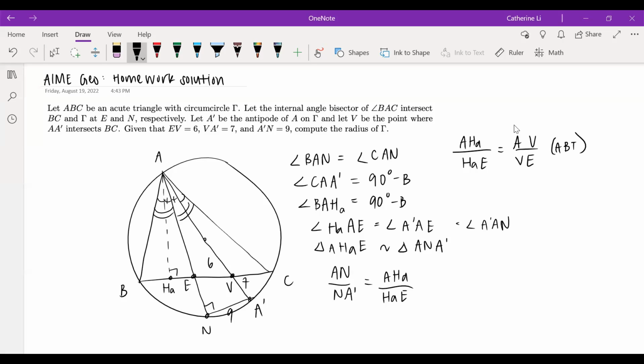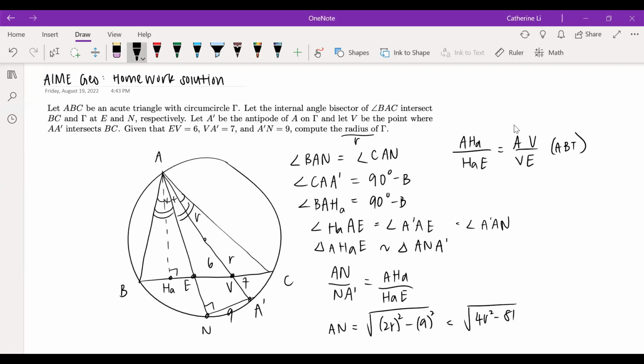And if we let the radius that we're solving for be R, we can express all of these sides in terms of R. So first of all, we know AA prime is just 2R because it's a diameter. And AN is going to be equal to the square root of 2R squared minus 9 squared by the Pythagorean theorem on right triangle ANA prime.